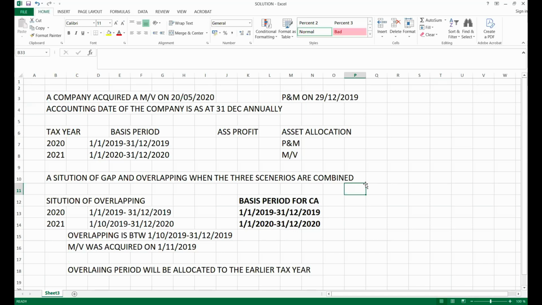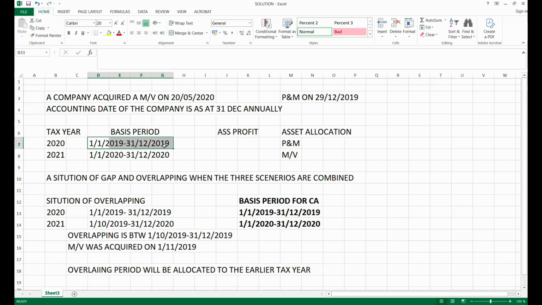Capital allowance computation is available based on the number of months in the basis period for assessable profits, not based on when it was acquired. Capital allowance computation is based on the number of months in the basis period. Take note of that.